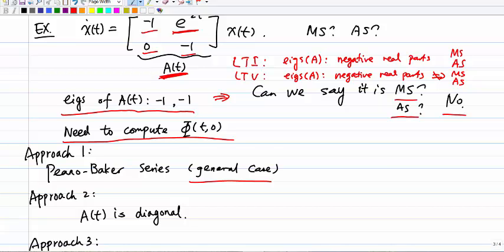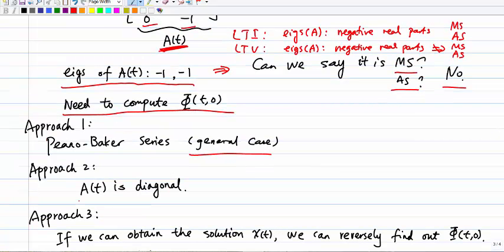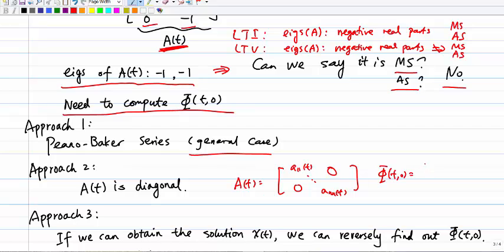The second approach I mentioned is when we have a diagonal A(t). If A(t) is equal to diag(a11(t), and so on, up to ann(t)), so this is a diagonal matrix with zeros everywhere else, then my Phi(t, 0) will be given by e to the integral from 0 to t of a11(tau) d tau, and so on, up to e to the integral from 0 to t of ann(tau) d tau.